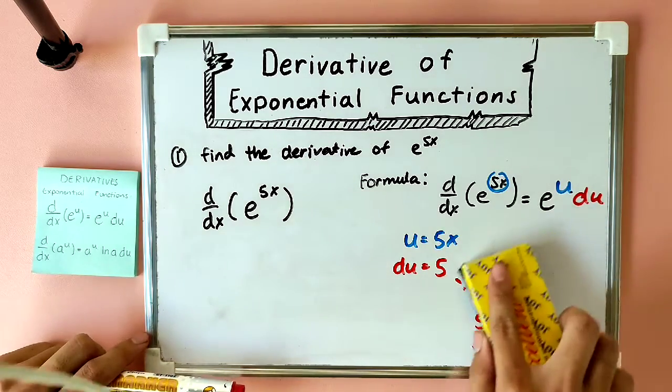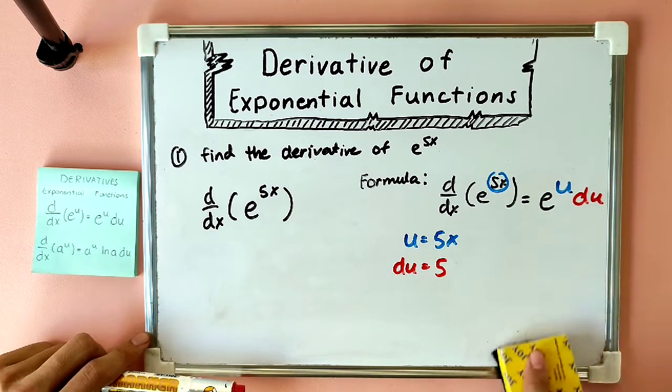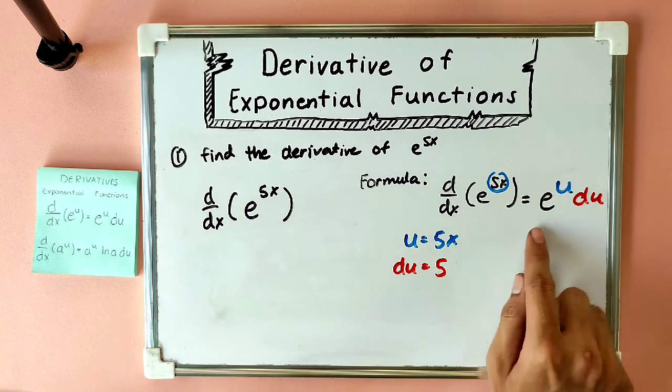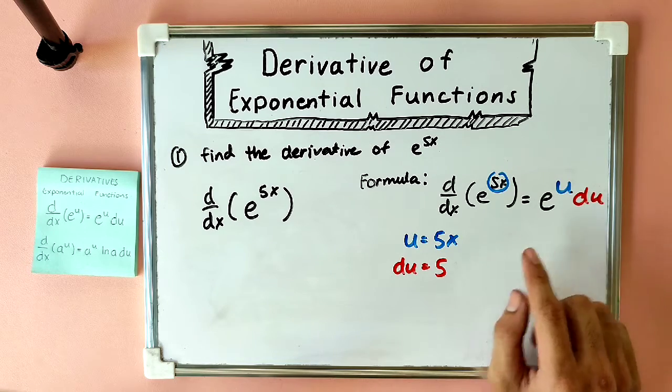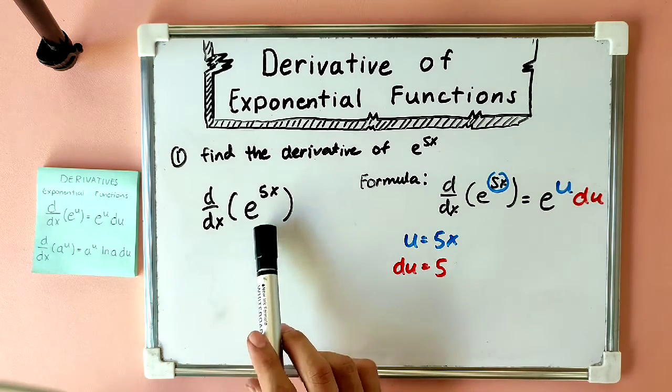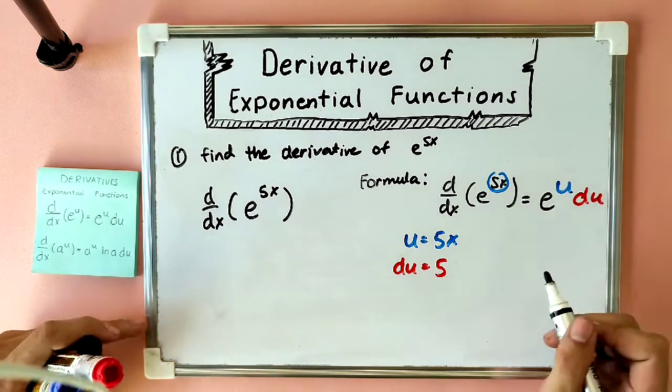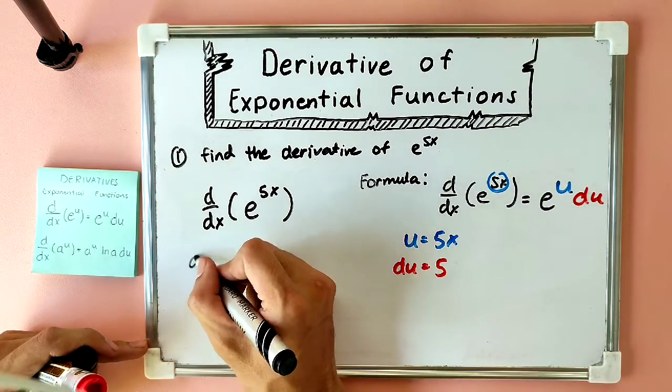So it's just basically na dinerive lang natin yung u. Then kung i-substitute na natin yung mga kailangan natin sa formula para masagutan natin yung derivative of e raised to 5x. So again, ang formula natin, i-rewrite ko lang siya dito.